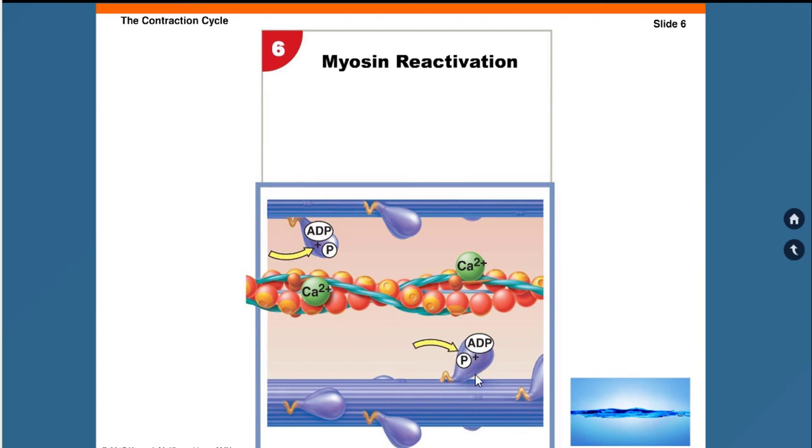At last, cross-bridge formation occurs when the myosin head attaches to the actin, while adenosine diphosphate and inorganic phosphate are still bound to myosin.